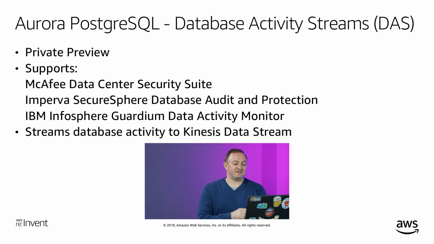It streams database activity to Kinesis Data Stream so that any Kinesis client library or consumer library can take that stream and perform some type of security analytics. So think in the context of security incident and event management for some of our government customers, for some of the requirements for the Department of Defense, for instance, for their security mining logging.